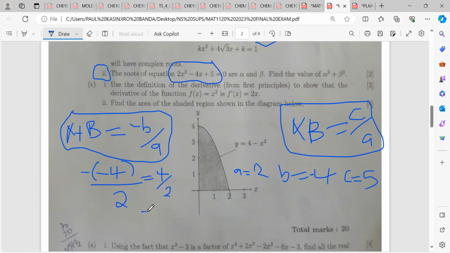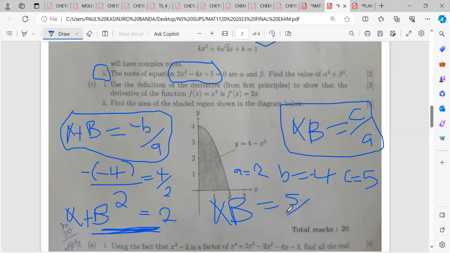Then over 2, it means that the sum, alpha plus beta, is just equal to 2. Then we find the product here. So alpha multiplied by beta is equal to, we said, C over A. Our C is 5 over, what is our A? Our A is negative 4. If you divide this by a negative, it means this will be negative 5 over 4.